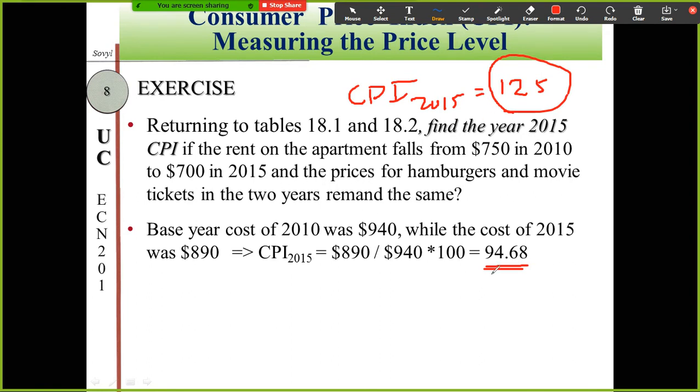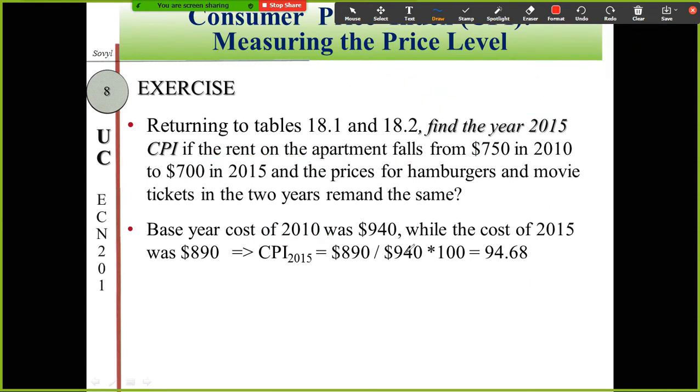In this case it is cheaper because the apartment rent is cheaper. When the apartment rent is cheaper, the cost of the basket is lower. When the cost of the basket is lower compared with the base year, it means today people pay less, so the CPI is lower.